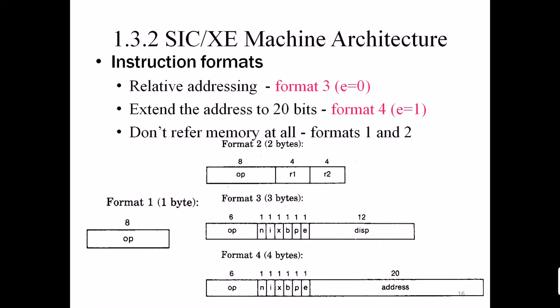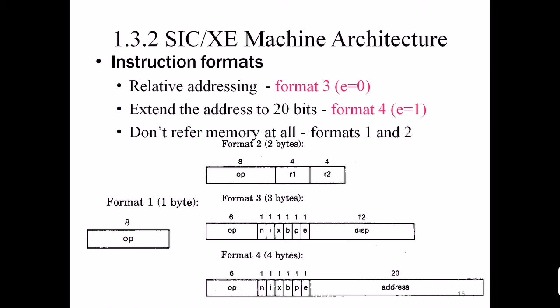As you can see here, the opcode uses only 6 bits, followed by the flag bits n, i, x, b, p, e, used as per requirement, and the displacement value, which is 12 bits. E depends on zeros and ones, telling whether format 3 or 4 is used.